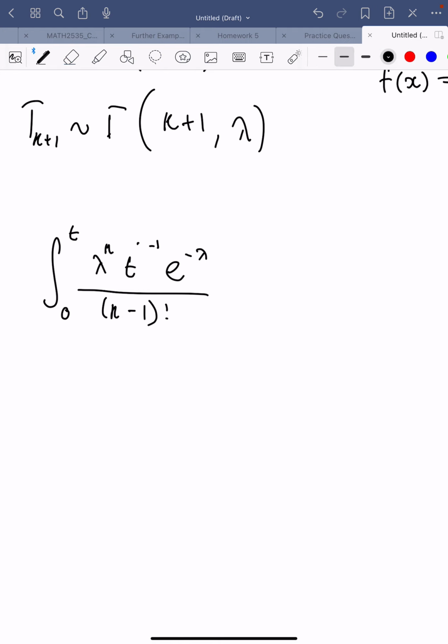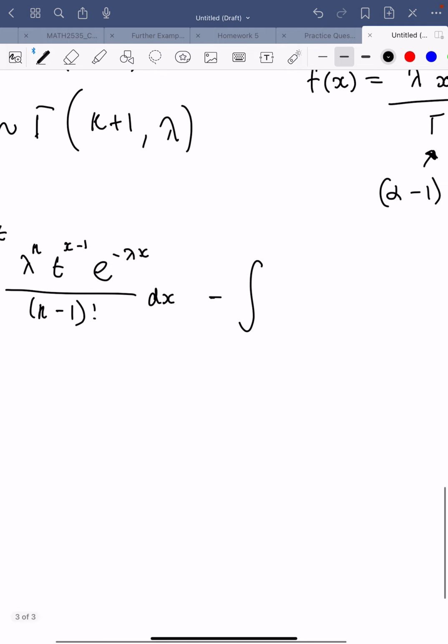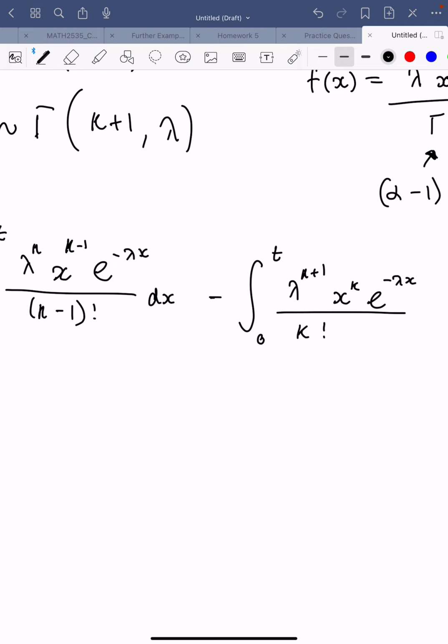And we'll do this in terms of x, minus the integral from zero to t of lambda^(k plus 1) x^(k plus 1 minus 1), which is k, so we can leave that, e^(minus lambda x) over k factorial dx.